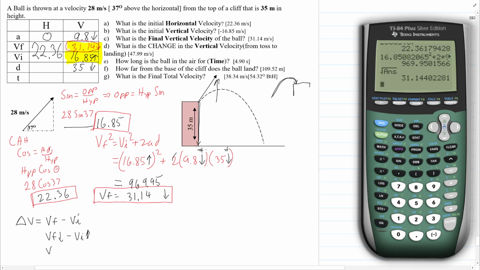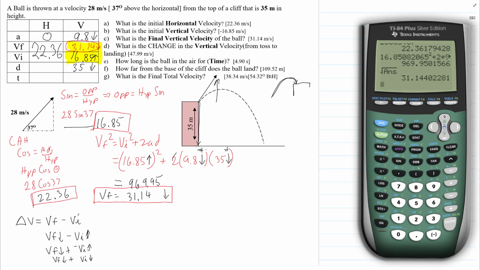So we have to go VF plus a negative VI up. But a negative VI up will be VI down, since we're subtracting them and they're in opposite directions. So we just actually have to add them.